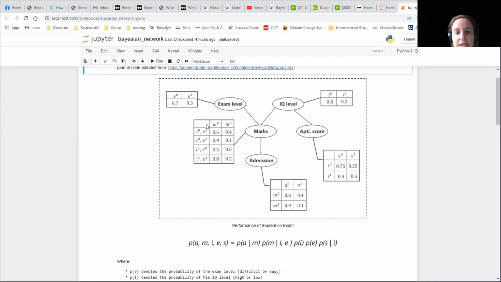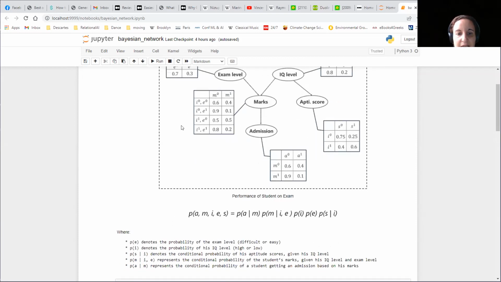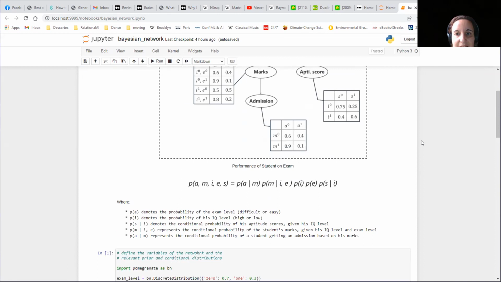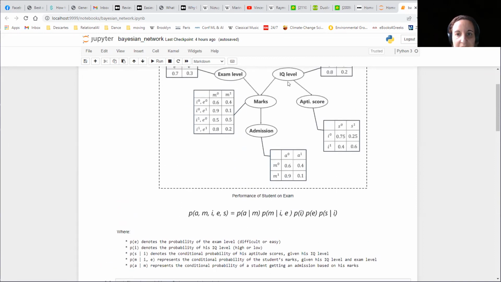The marks of the students depend on both the difficulty of the exam level and the IQ level, which is high or low, how good the aptitude levels are. And also the IQ level defines the aptitude score. That means the scores that the student can get in standardized IQ testing exams.